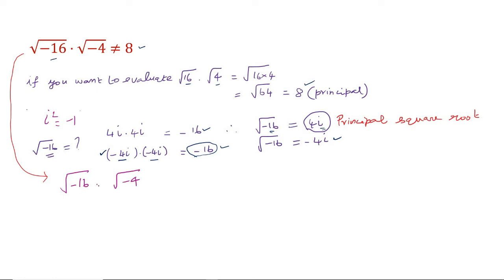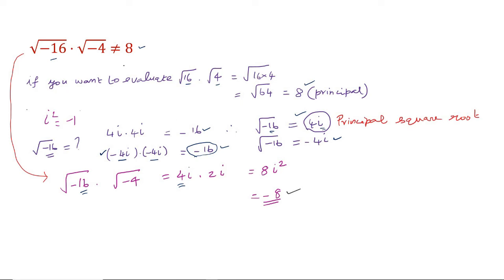Now 4i into 2i is 8i square, and i square is minus 1. Therefore, minus 8.